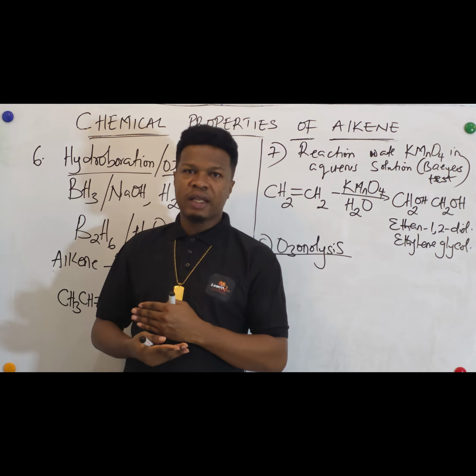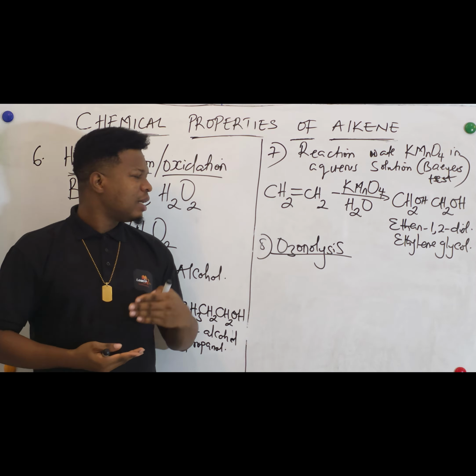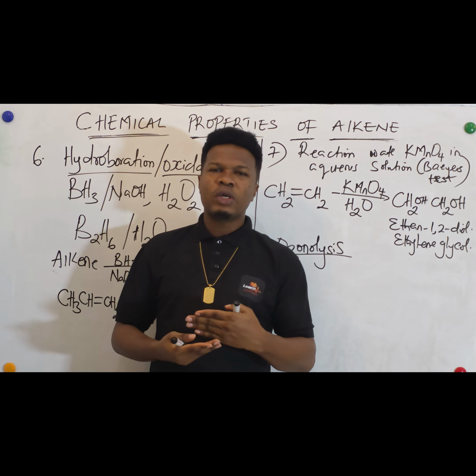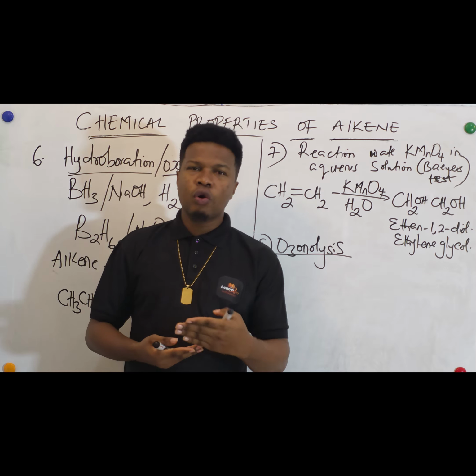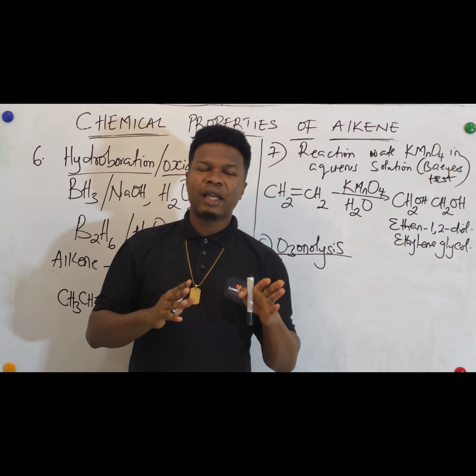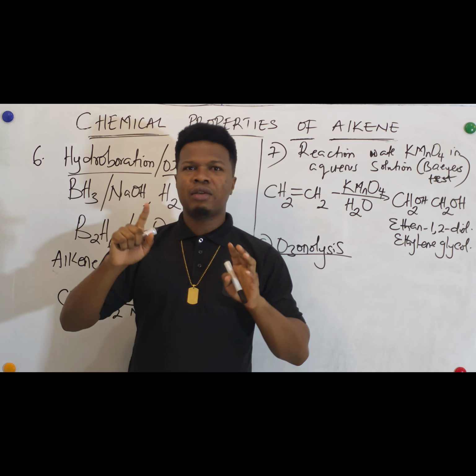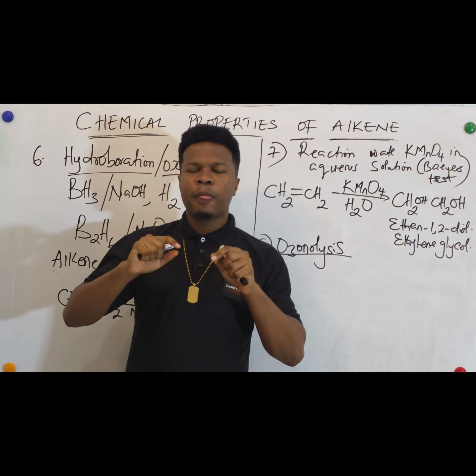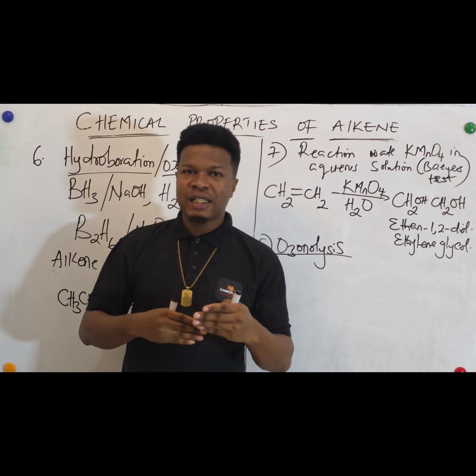Let me repeat myself. In ozonolysis, the alkene reacts with ozone, O3. The ozone will attack the alkene to form an ozonide, okay? That ozonide will further react, it's not the final answer, it's an intermediate.